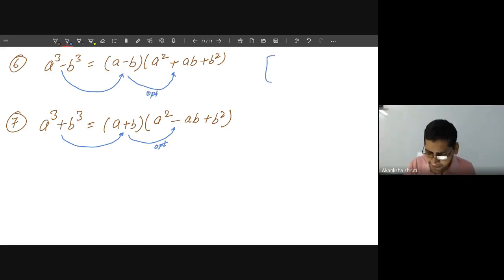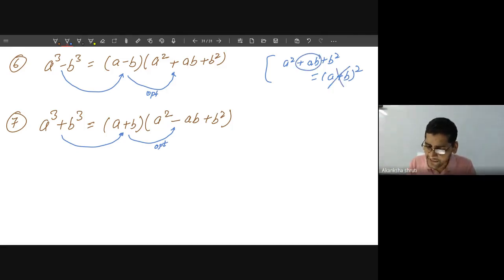Recall that this bracket, a square plus ab plus b square, can it be written as a plus b whole square? Can we write like this? No. Here it is only one ab, so it is wrong to write.